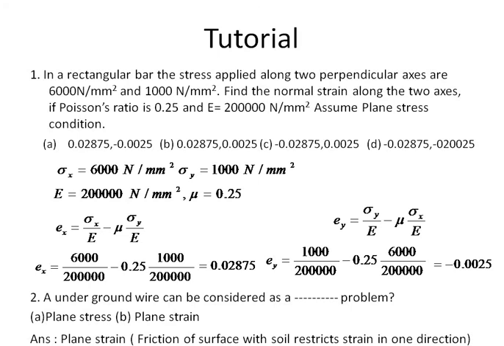As a result, the weight of the soil tries to compress the underground wire, whereas it cannot elongate along the length. So it can be solved as a plane strain problem. So the answer B is the correct answer.